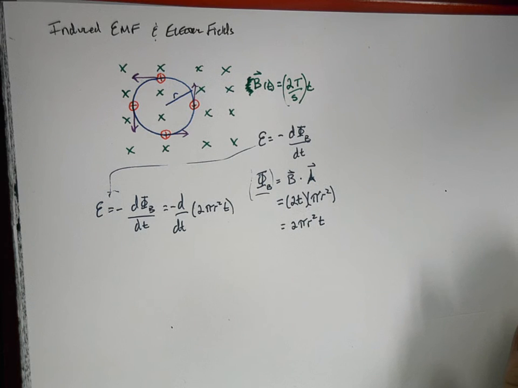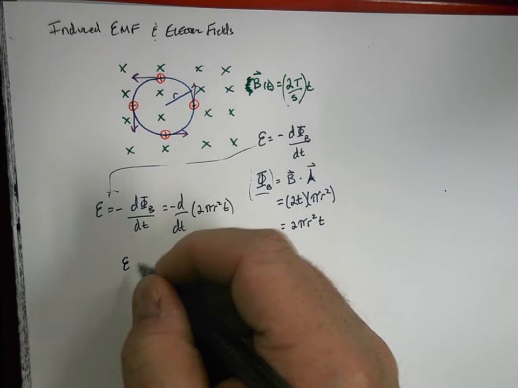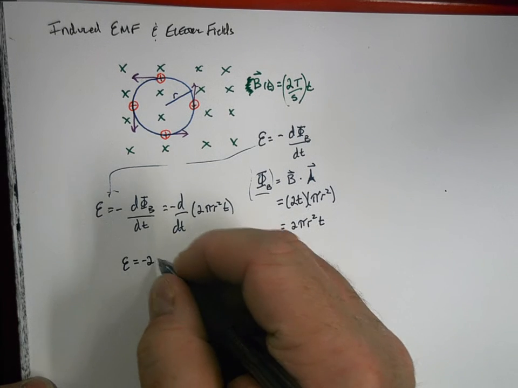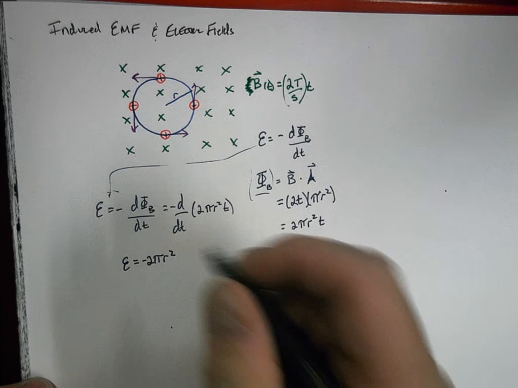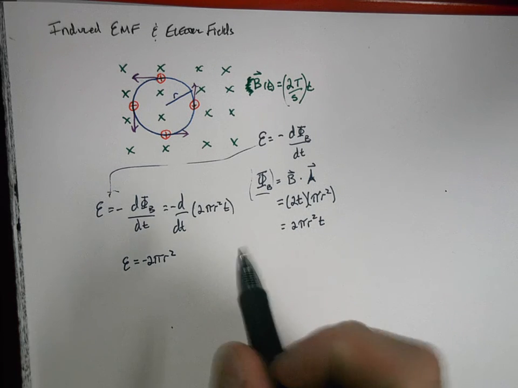Well, what's that going to be? Our EMF equals negative 2 pi r squared.